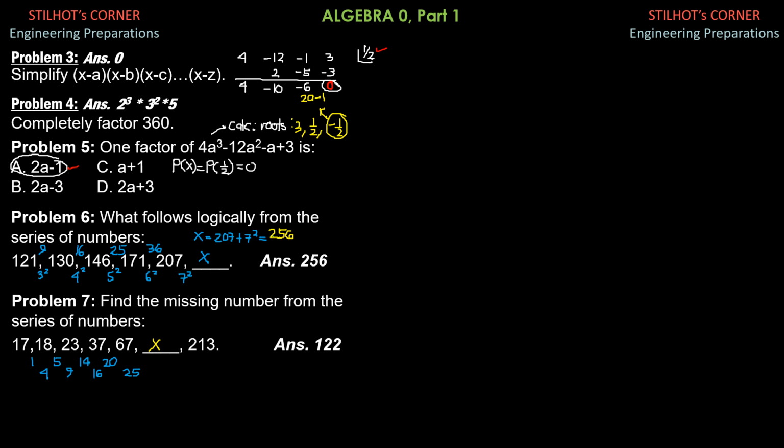X minus 67 should be 45, plus 20 plus 25 is, sorry, this is 30. That's why this difference is 16.